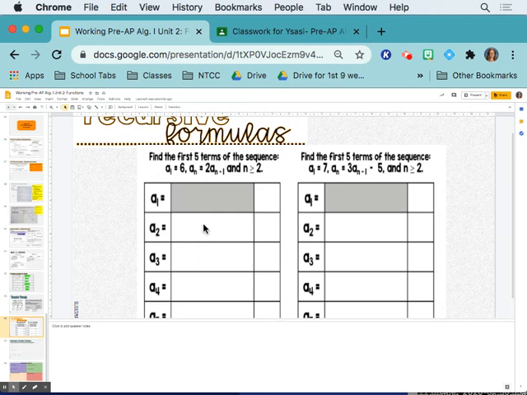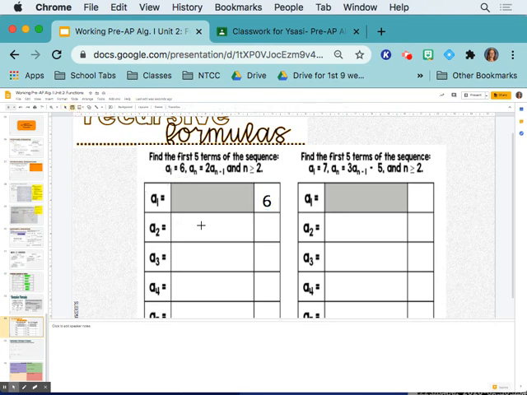So let's look at this one on the next slide. Find the first 5 terms of the sequence. It says A1 equals 6, An equals 2 times A(n minus 1). So what is A1? 6. We can go ahead and just put that in, and that was given to us.